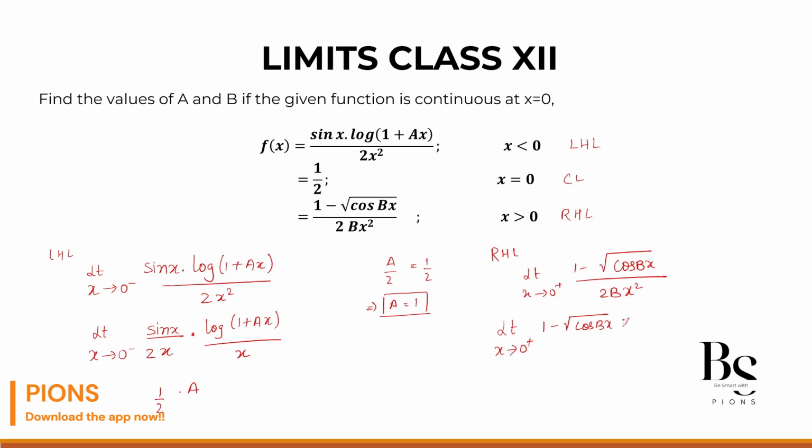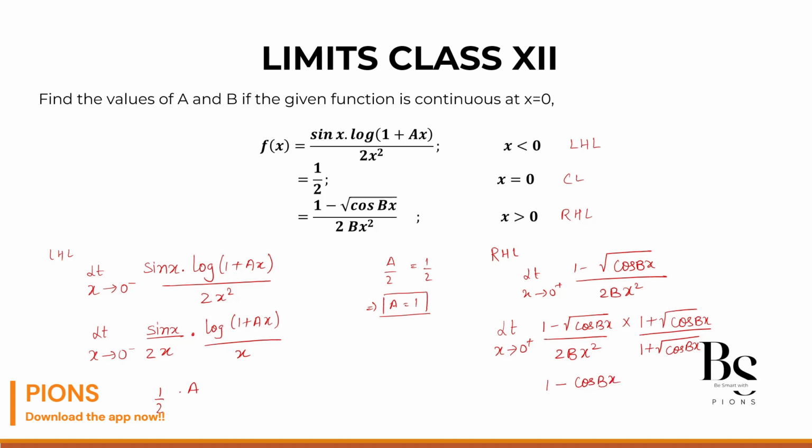So 1 minus root cos bx into 1 plus root cos bx, whole divided by 1 plus root cos bx, whole divided by 2bx square. Now when you multiply, the numerator is a minus b into a plus b, a square minus b square.